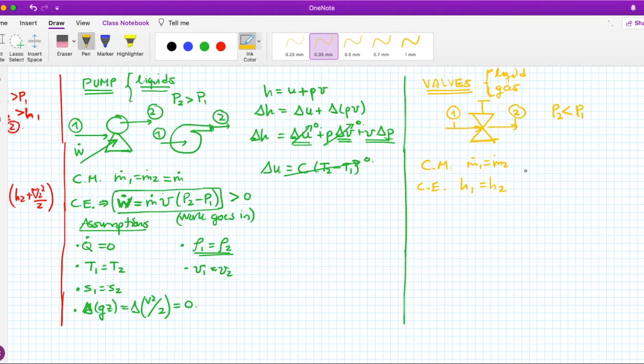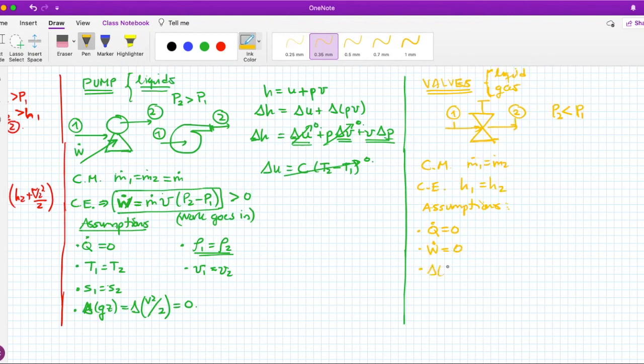Hey, what about all the other terms of the conservation of energy? Well, I'm going to put assumptions for that one. You can say that it's adiabatic, you can say that it doesn't have any shaft turning around, so you don't need any mechanical power there, not in, not out.